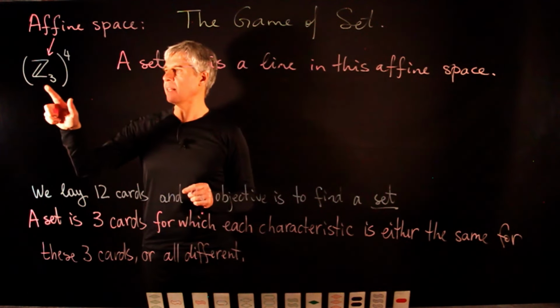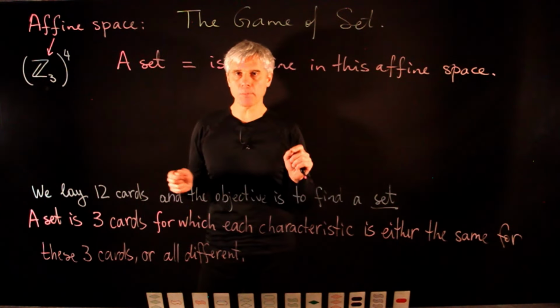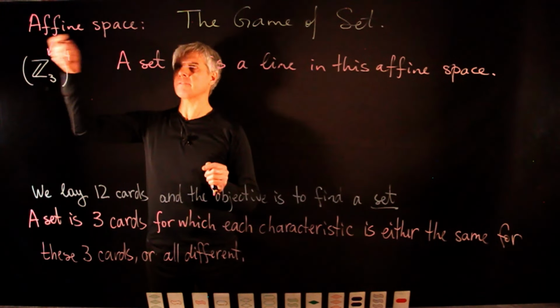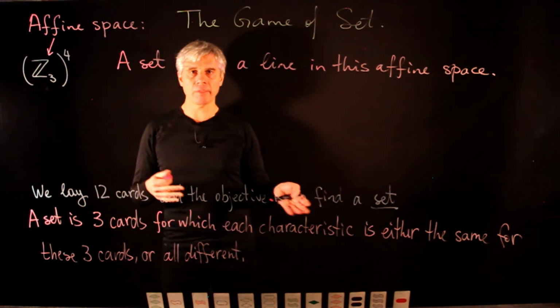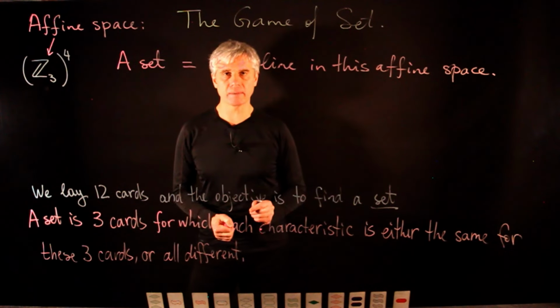So a line in the vector space Z3 to the power 4 consists of 3 points. Likewise, a line in the corresponding affine space will also contain 3 points. And these are the lines that we need to uncover in the game of Set.